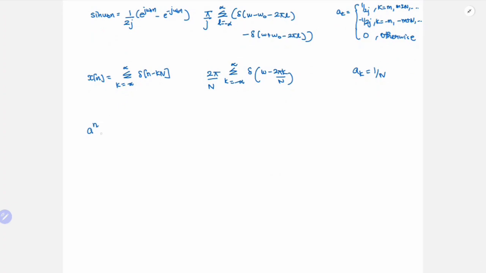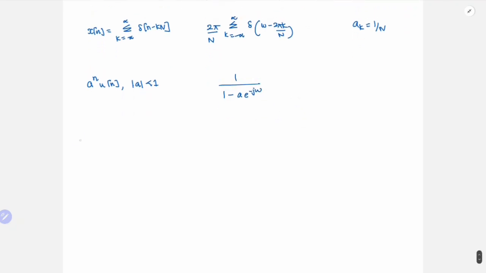So next let us see aperiodic signals. The first one will be a^n u[n], and of course my |a| should be less than 1, otherwise this will have a convergence issue. So for this, we saw it in the example, it was 1/(1 − a e^(−jω)).